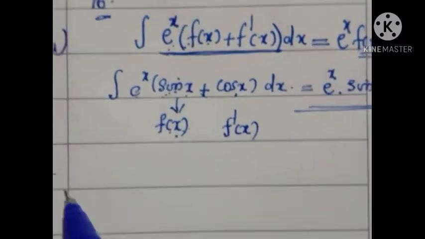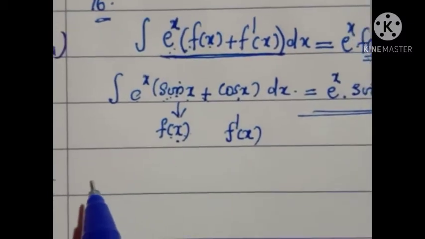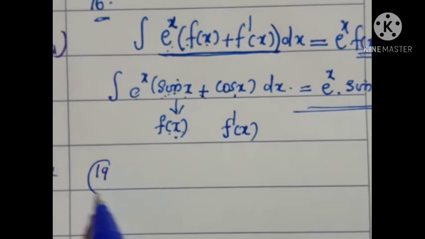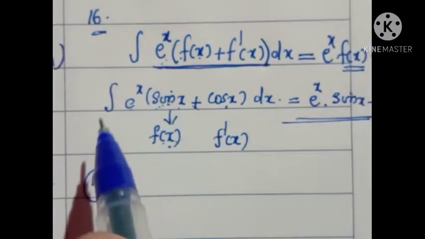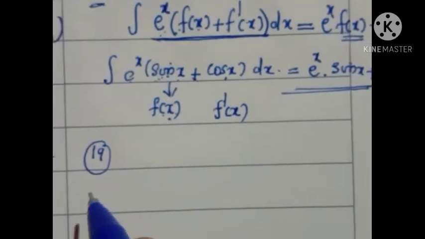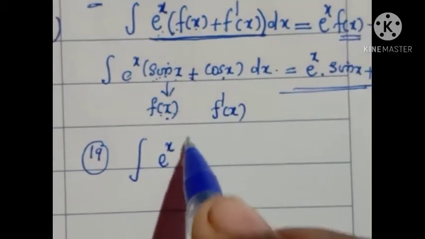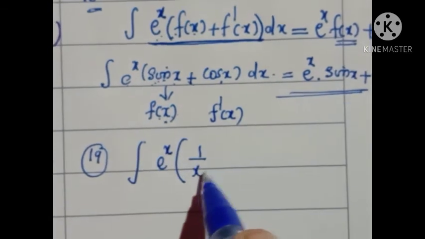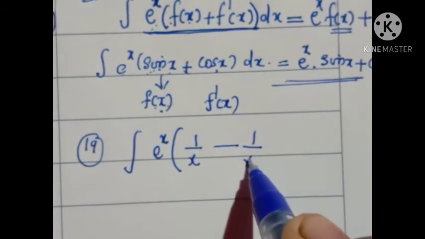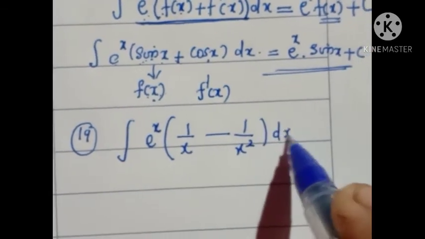Now see another question. Question number 17. Integral e raised to x into 1 by x minus 1 by x square dx.